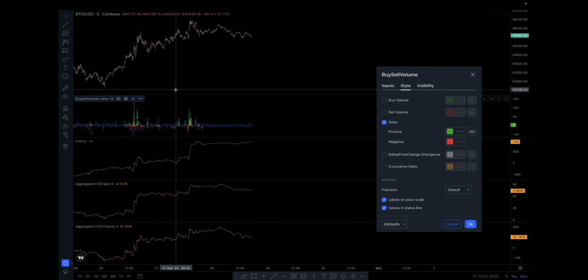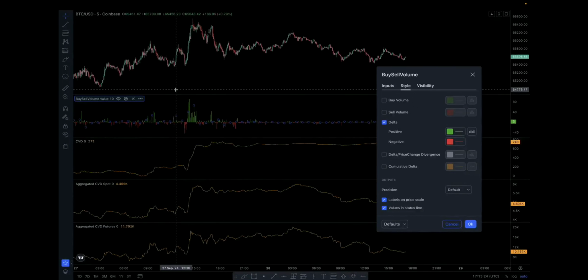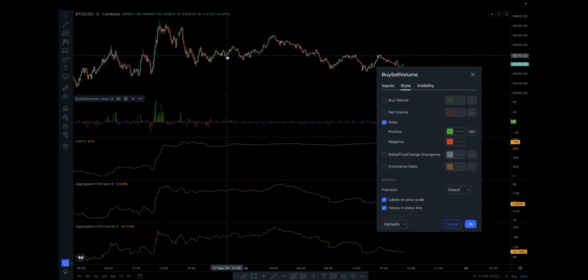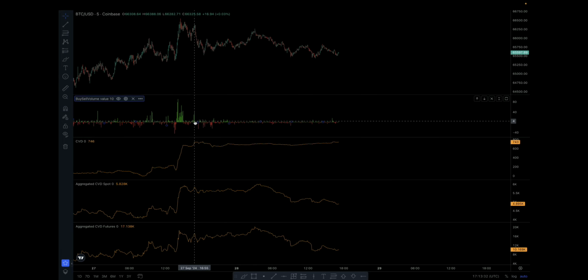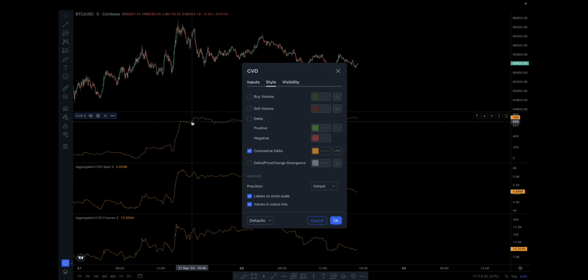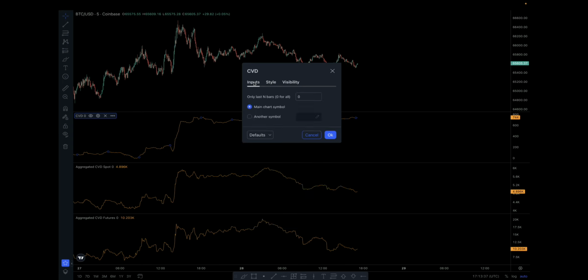A better way of using it, if you're looking to identify specific parts or areas on the chart, you can click into this. So take that one out. I'll take that off because you should know that by now. You can click into this and you can look at the bars. So you can choose to look at the CVD only for the last n bars, meaning number of bars.